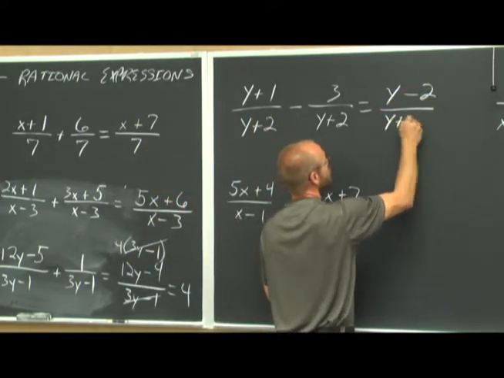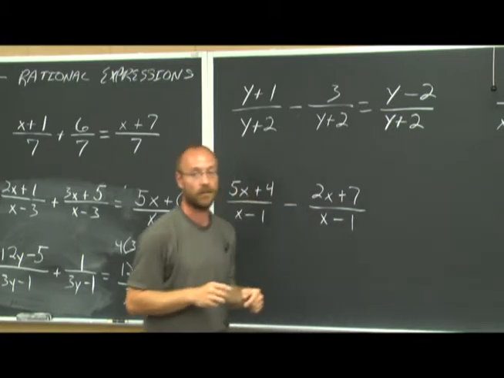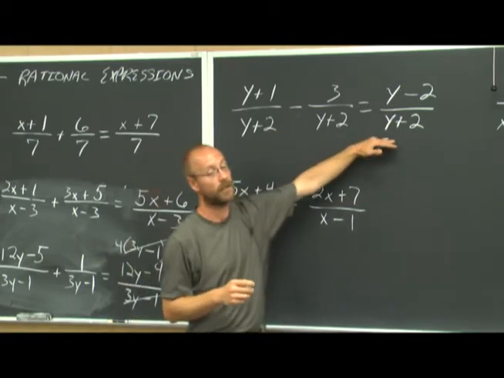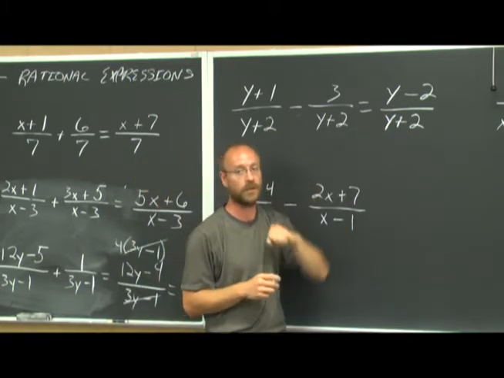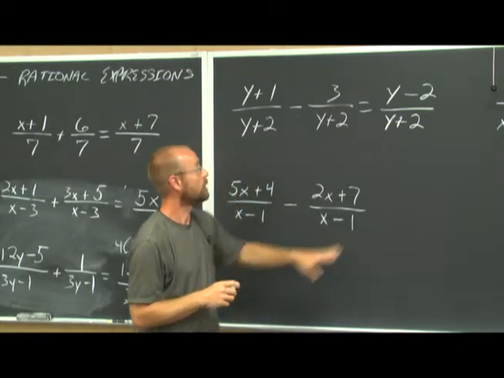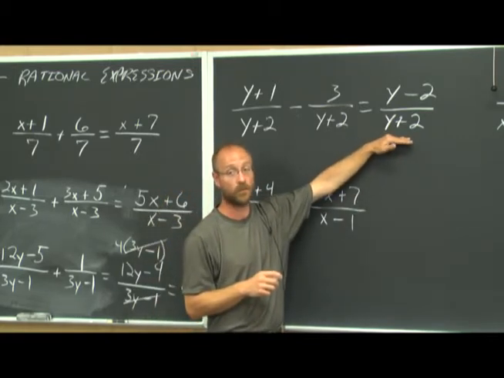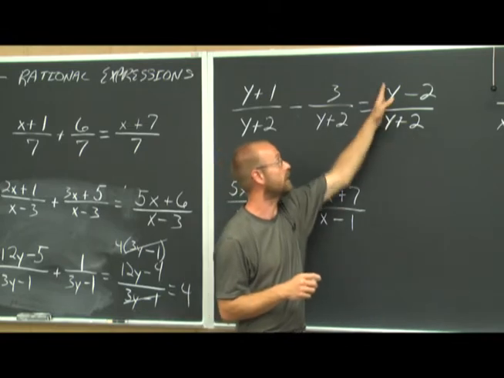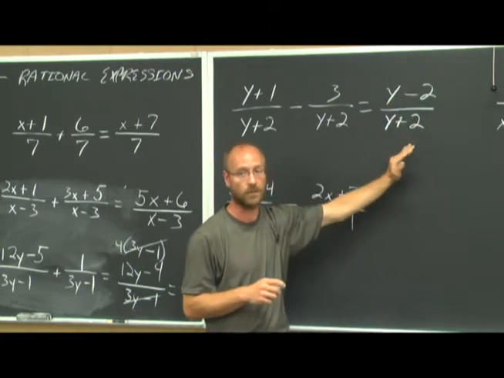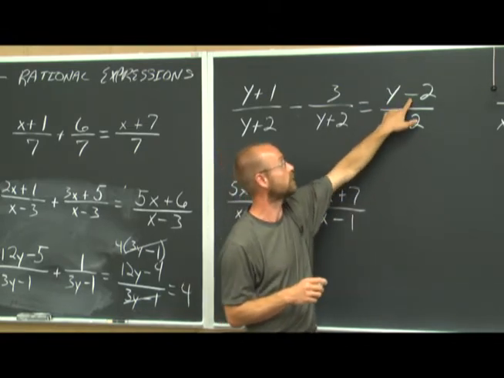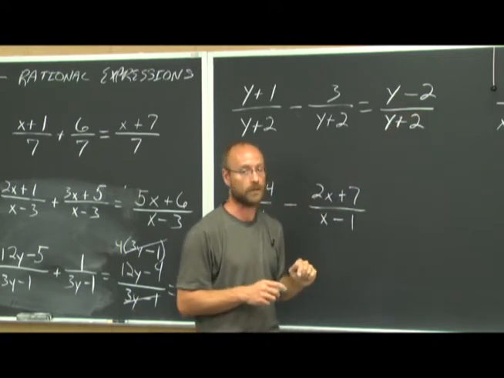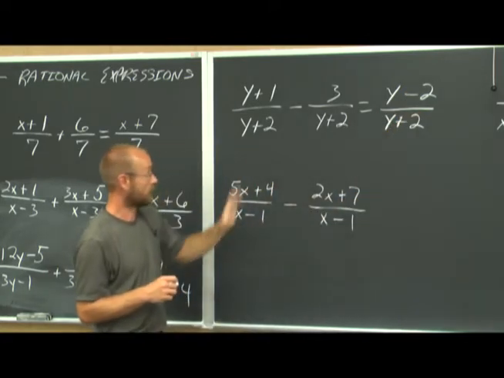Both of these are divided by y plus 2. They had the same denominator. The denominator doesn't change in addition or subtraction. Now, this is in simplest form. We cannot cancel anything. I can't cancel y's. I can't cancel 2's. We can't do that because these are terms, not factors. All right, so that's reduced.